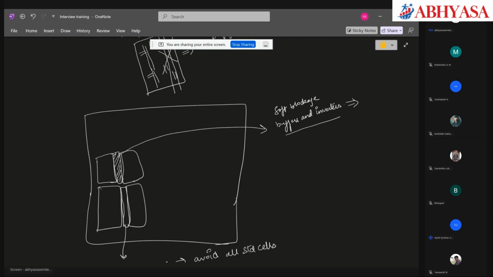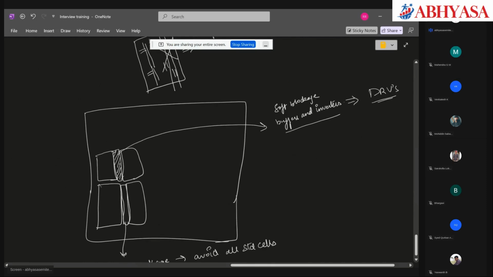To meet timing requirements. To meet basically DRVs. Yes, timing requirements. If tran or cap violate, it can lead to setup and hold violations. So to meet the DRVs, basically tran, cap, and fan out.